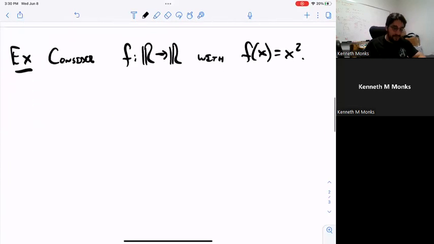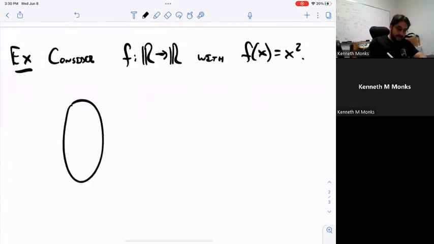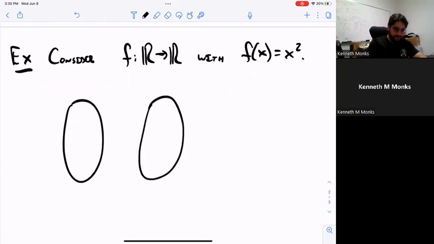What does this function look like? Well, 0 goes to 0.